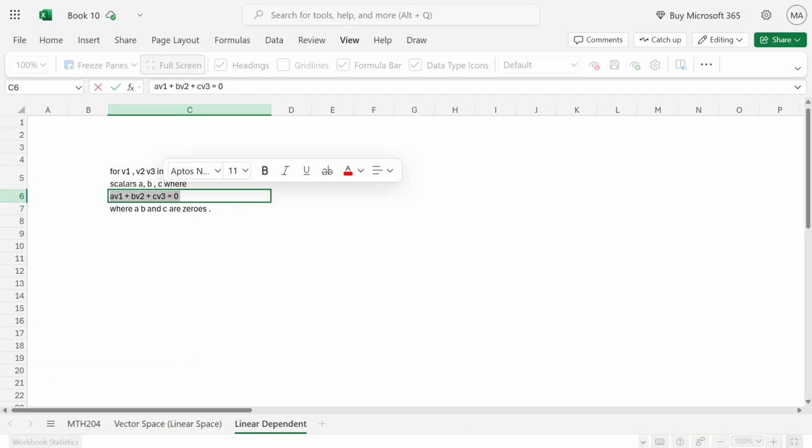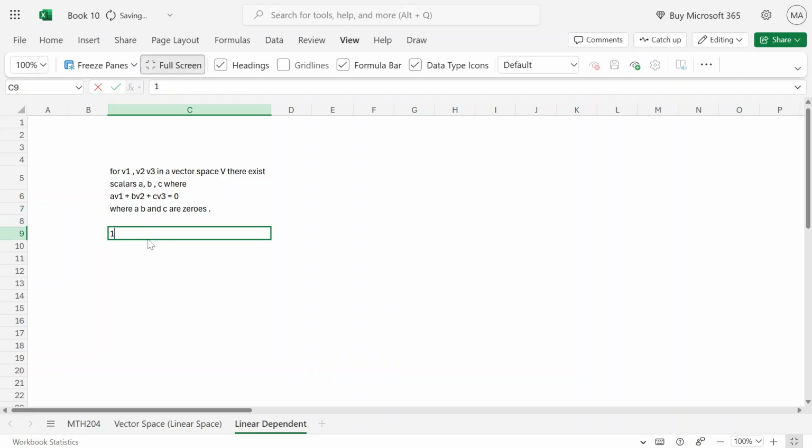See the trick. When they are all zeros, it is linearly independent. But if you cannot assign 0 to all the scalars that you bring, then it is linearly dependent. So there is a dependency in your system.